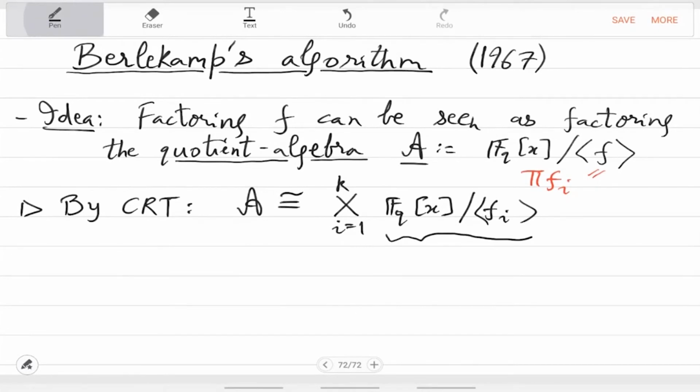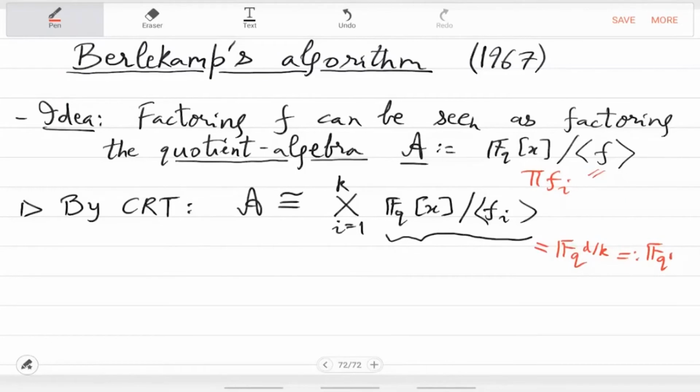It's again a finite field. fi has degree d by k, so we'll call it Fq prime. So this A is nothing but k copies of the finite field Fq prime.